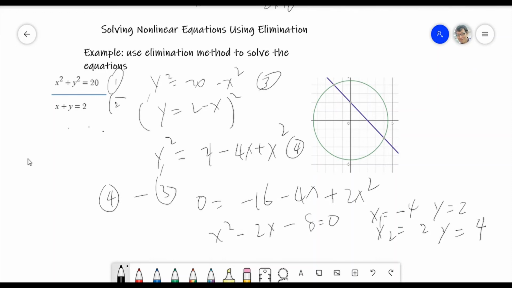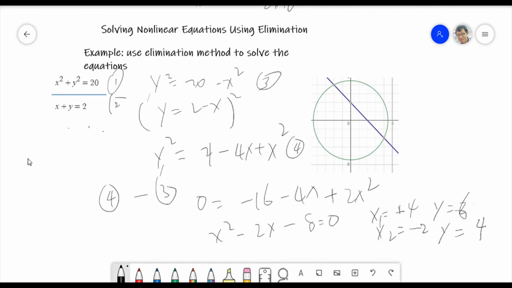Wait, x is negative 4? Let me check. Sorry, it should be x is positive 4, y is negative 2.